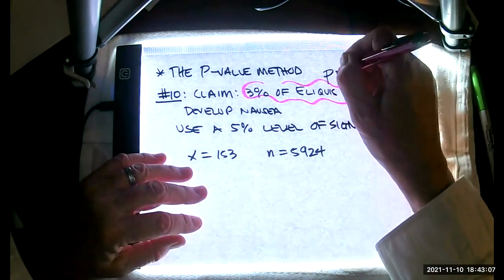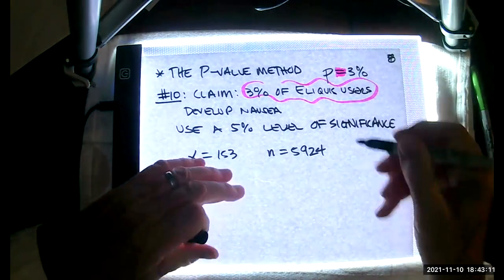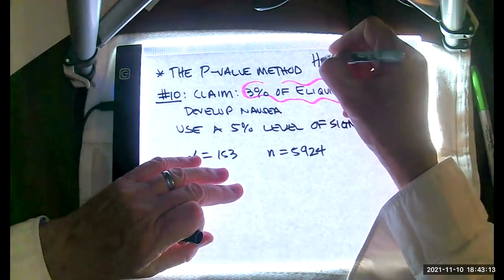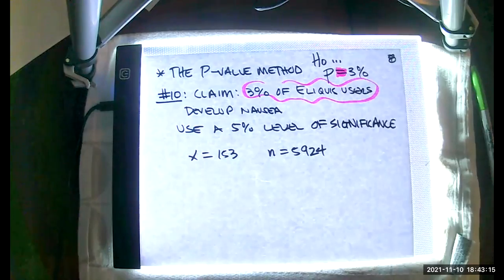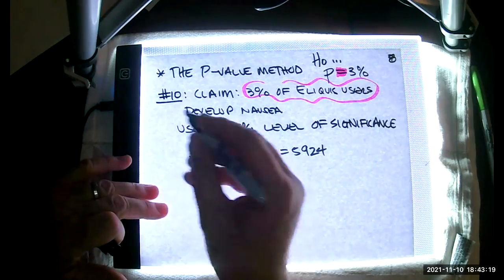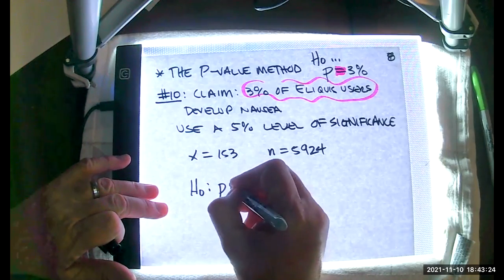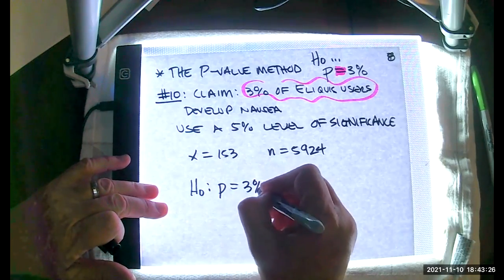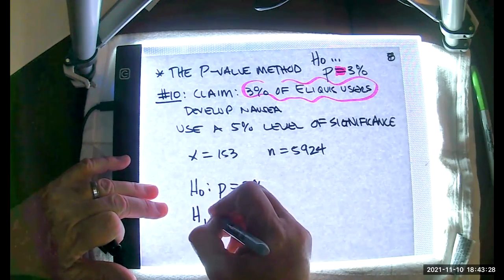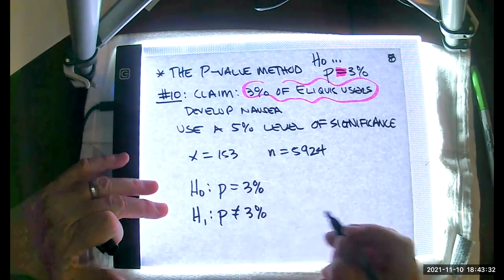I see that I've got equality in that claim, which tells me what I've got here is a null hypothesis. So I can note, and I'm going to note again on my other sheet when I run out of room here, my null hypothesis is P equals 3%. The complementary hypothesis is P is different from 3%.